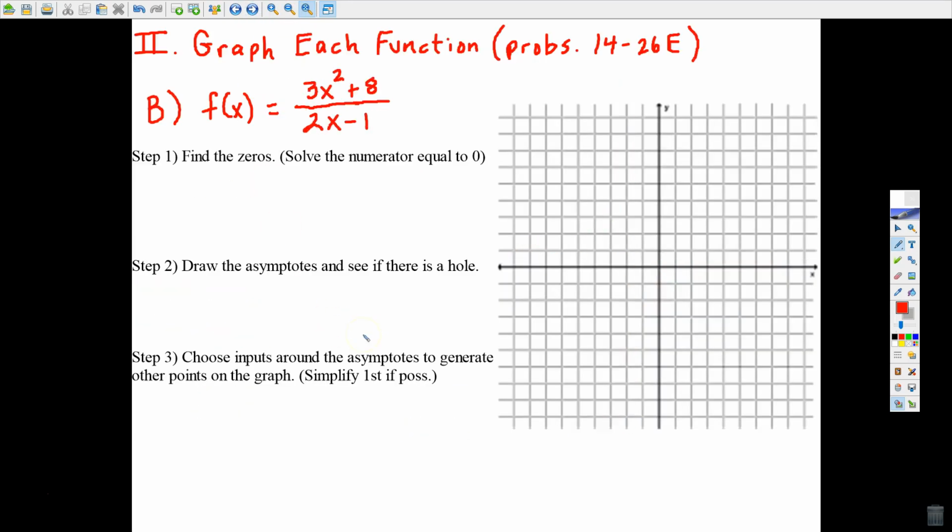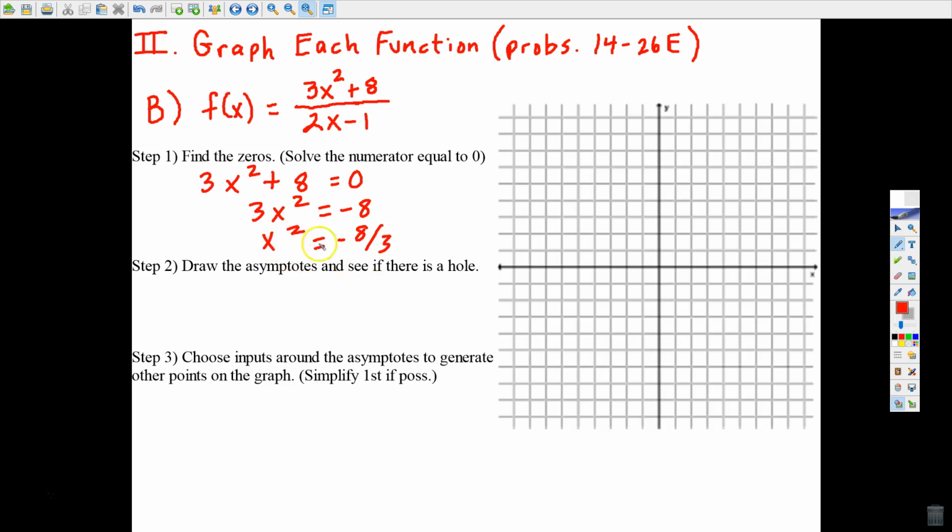Okay, let's move on to letter B. First thing, find the zeros. So once again, we're going to let the numerator equal 0 and solve. 3x squared is -8. x squared is -8/3.